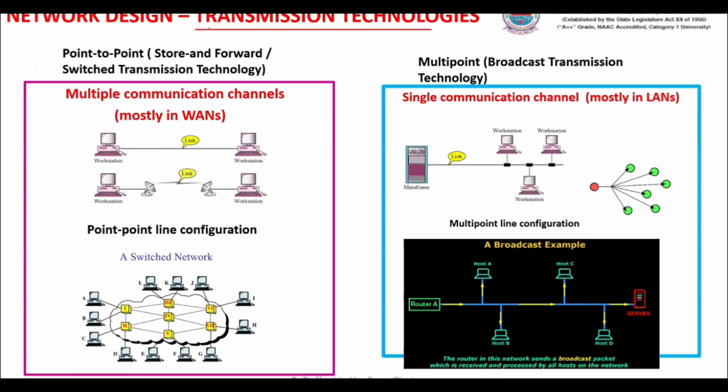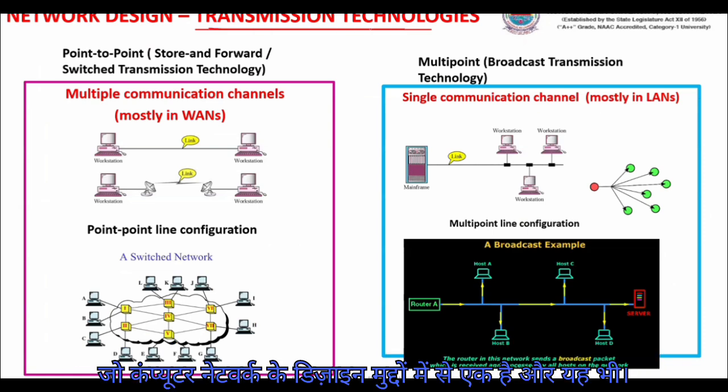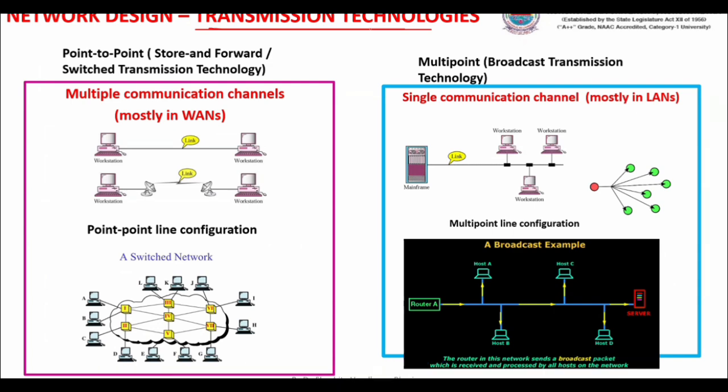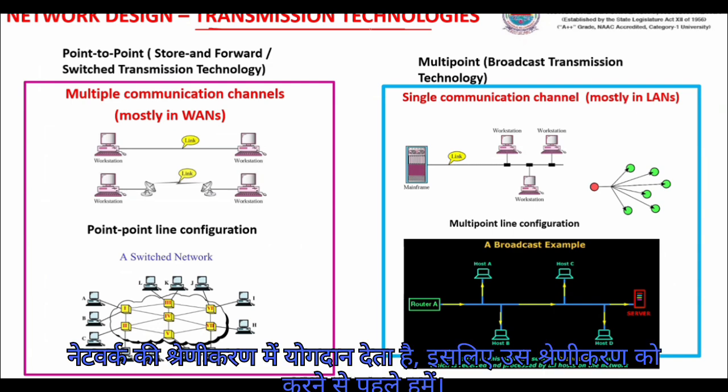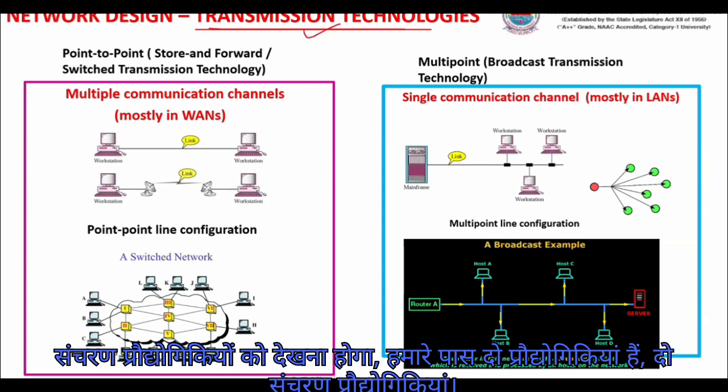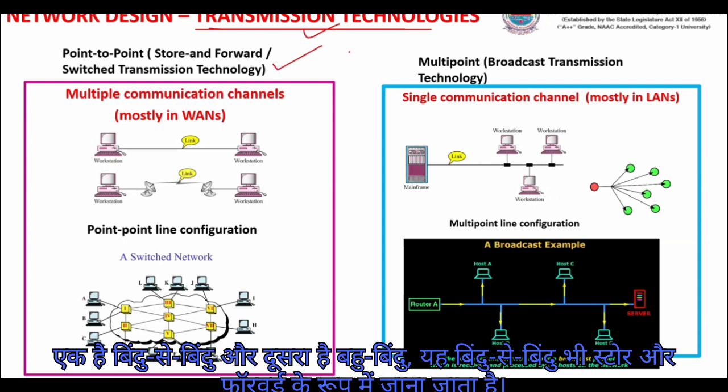Next topic is transmission technologies, which is one of the design issues for computer networks. It also contributes to the categorization of networks. So before doing that categorization, we need to look into the transmission technologies. We have two transmission technologies: one is point-to-point, the other is multi-point.